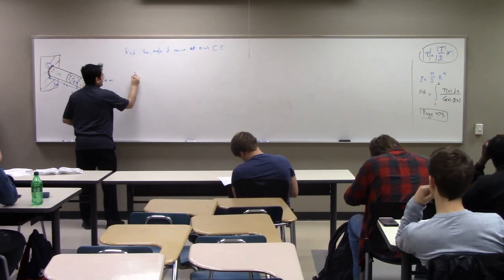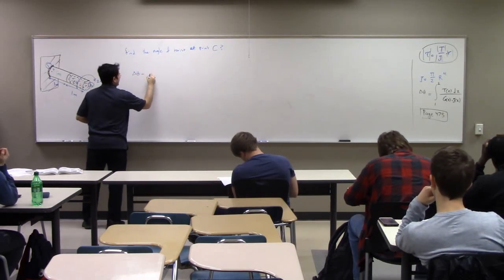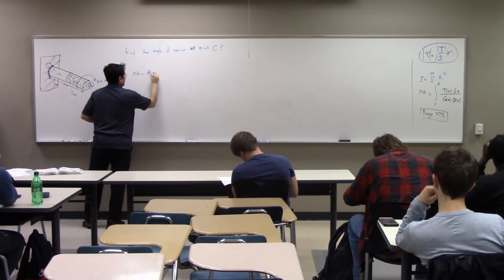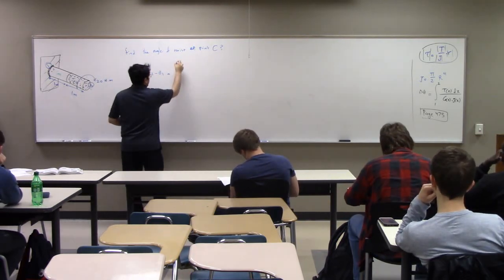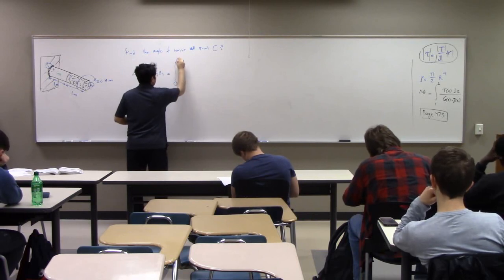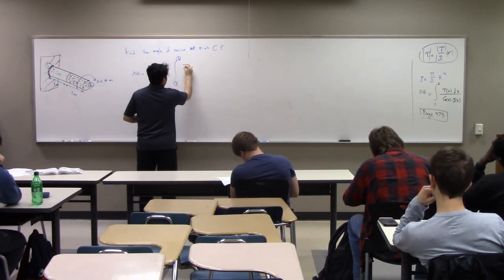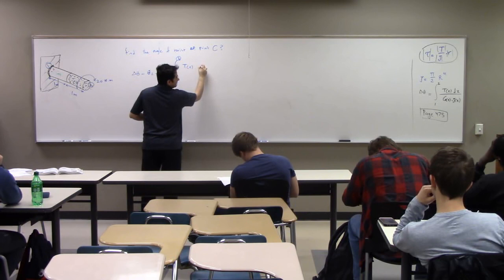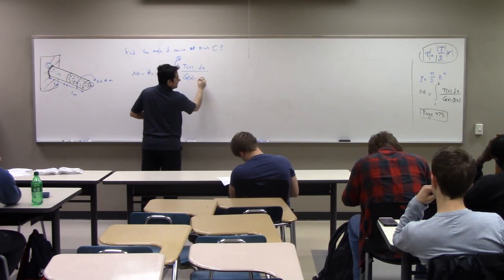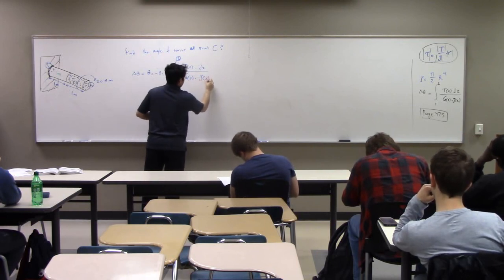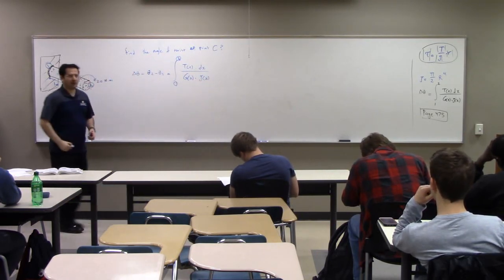So you get delta theta, which is equal to theta 2 minus theta 1, is equal to, according to that relation, the integral from point 1 to 2 of T at any point x, dx divided by G at any point x times J at any point x. That's what I have.